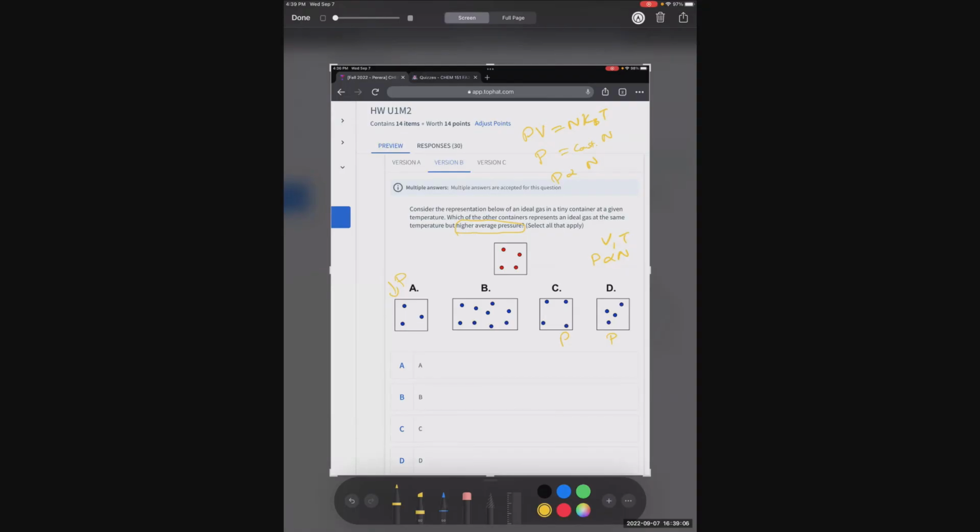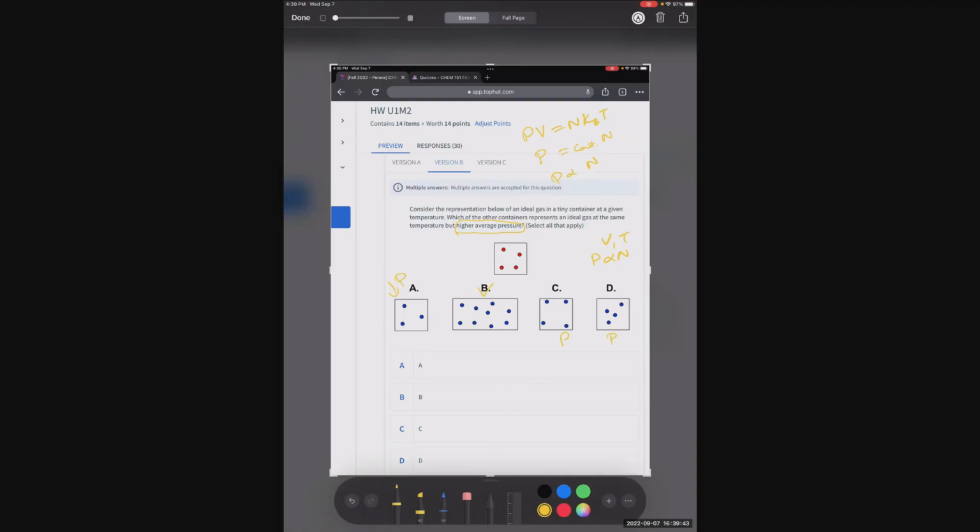Because the volume is doubled, to have the same number of collisions and the same pressure, you need twice the particles as the original container. That means we need 8 particles. Now we have 1, 2, 3, 4, 5, 6, 7, 8, 9 particles, meaning we have more particles than we need for the same pressure. Therefore, it should have a higher pressure than the original container. Therefore, B should be our answer.